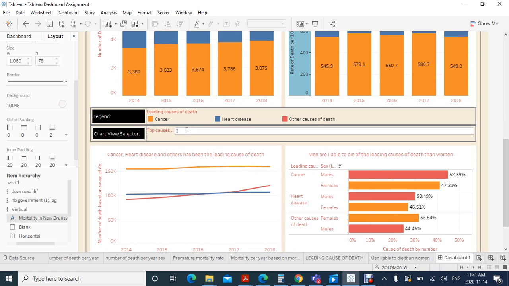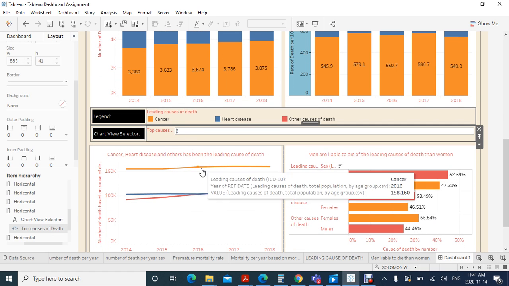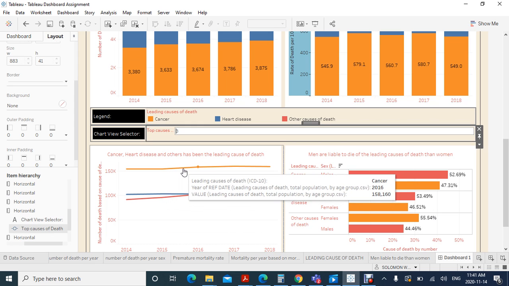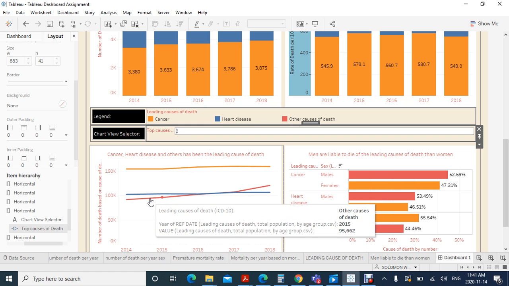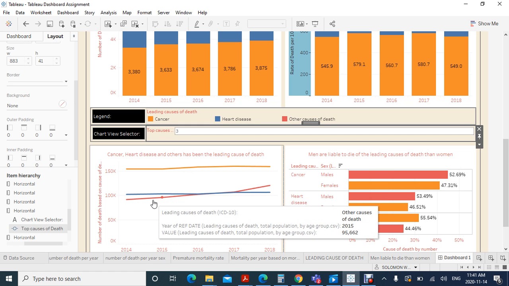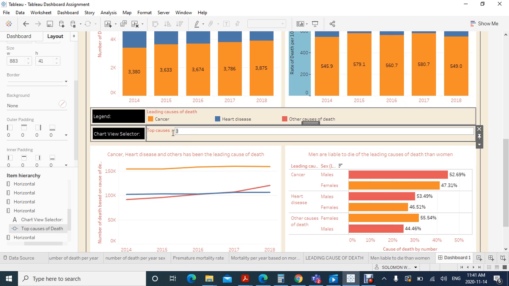So for the top three causes of death, you can see that the first one is cancer, the second one is heart disease, and followed by the other causes.